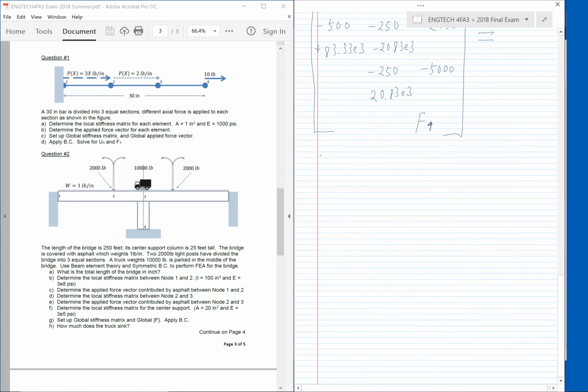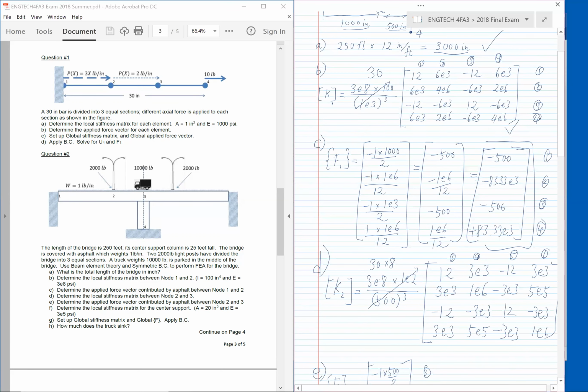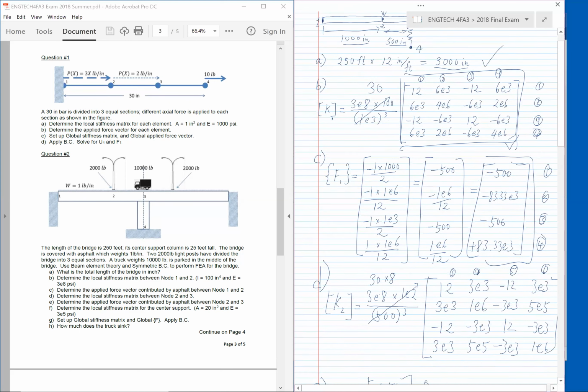Global matrix. You just copy this matrix.